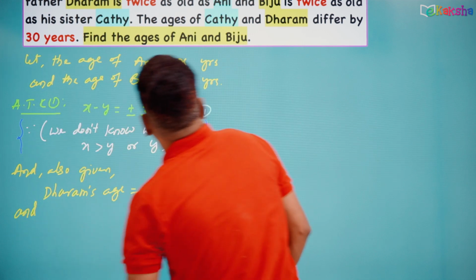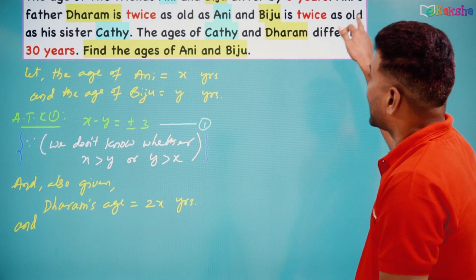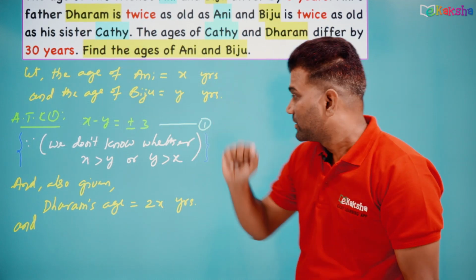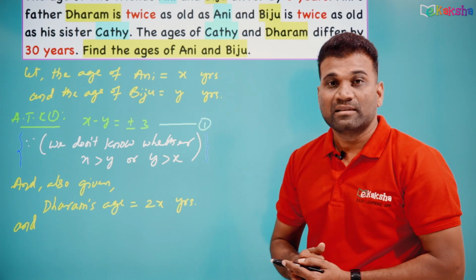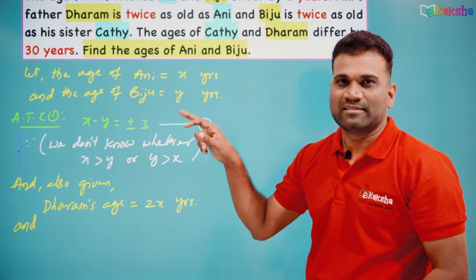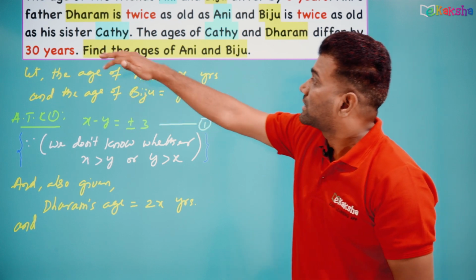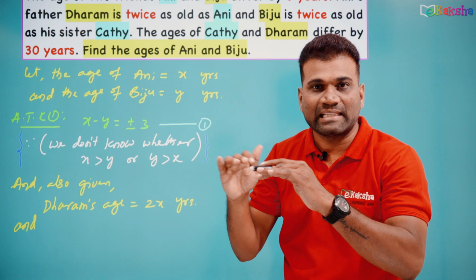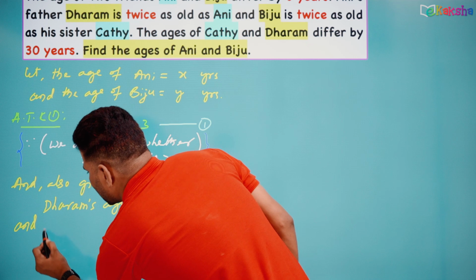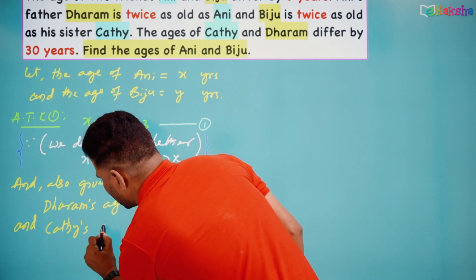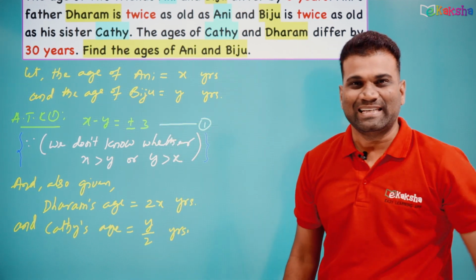And another condition: Biju is twice as old as his sister Cathy. Then Cathy's age must be half of Biju's age. So Cathy's age is equal to y upon 2 years.